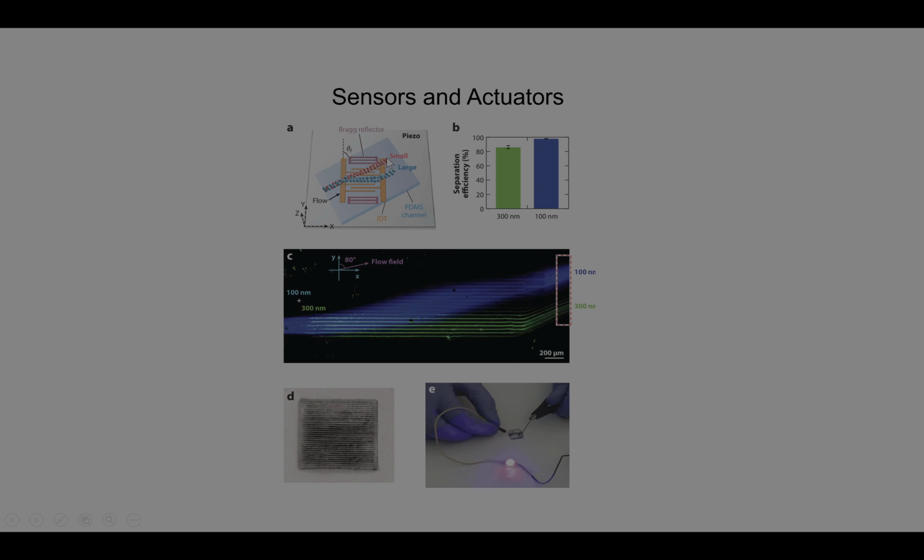Another sensor and actuator is where particles of 100 nanometer and 300 nanometer will flow in one direction.